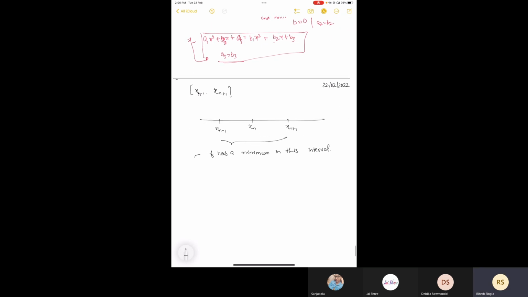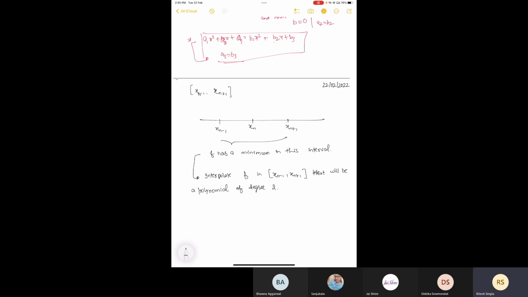So what we can do is first interpolate f in x of n minus 1 comma x of n plus 1. And that will be a polynomial of degree 2, right? Fine.